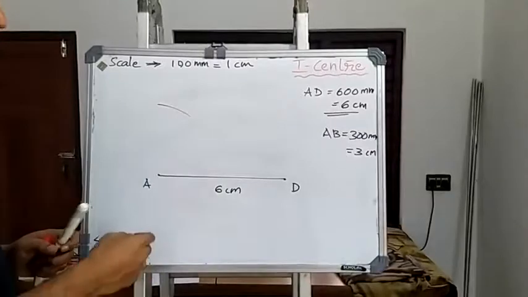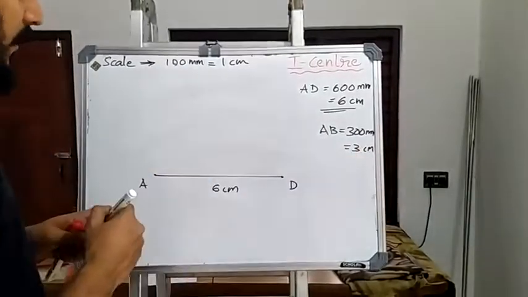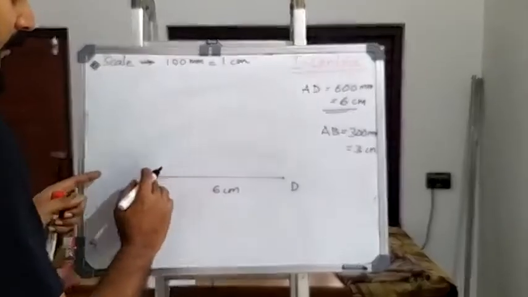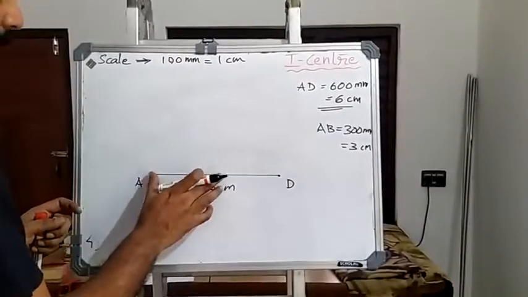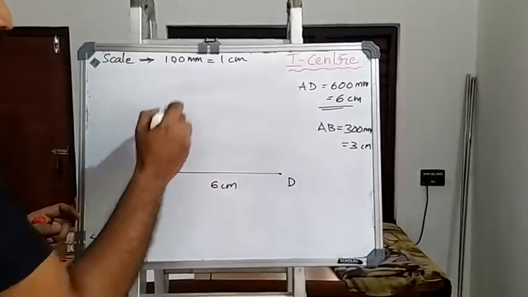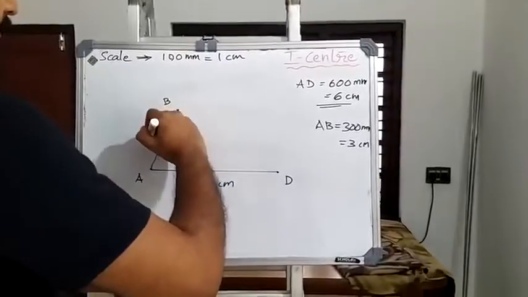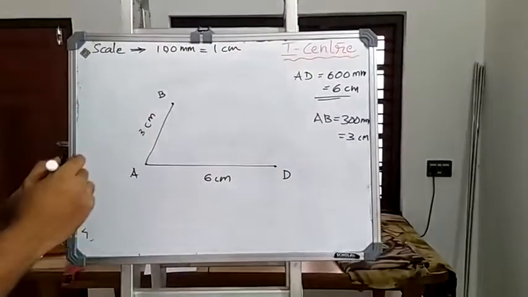Or else, straight away, take 3 centimeter in your scale and, using your protractor to measure the angle of 60 degrees, draw a 3 centimeter line. Let this be B.